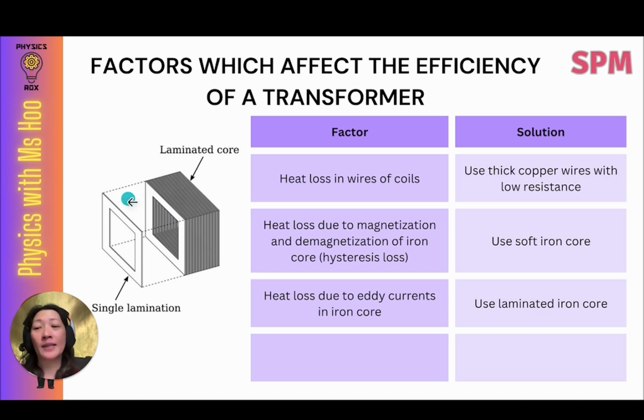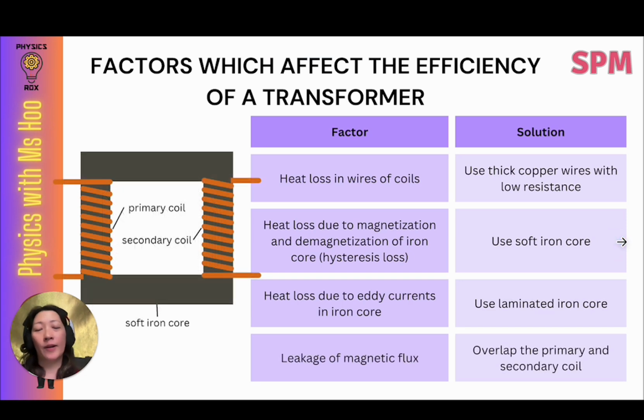So same thing in this case, even though there's lamination between each iron piece, collectively, the induced magnetism of the iron would still be functional. So when you put all these pieces together, magnetically, they behave as one big piece of iron core. But in terms of current flow, it will not flow easily because of the lamination in between each piece.